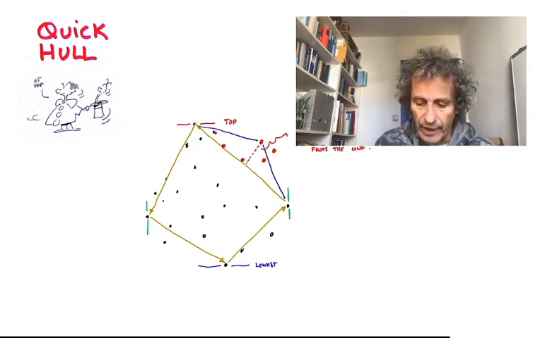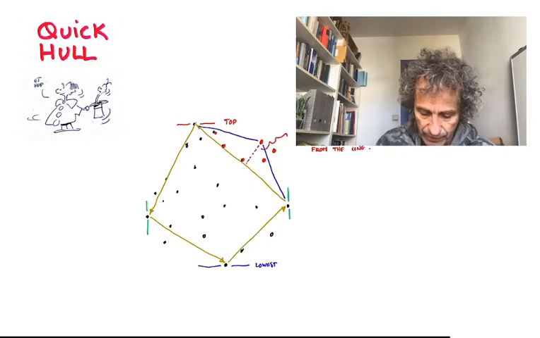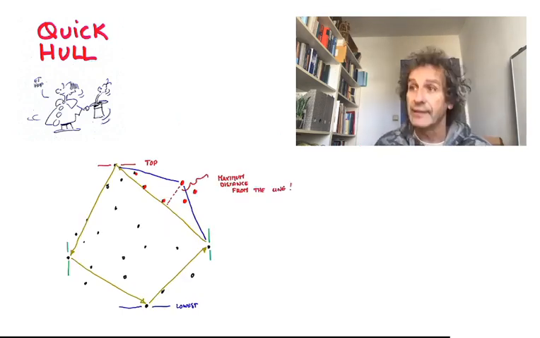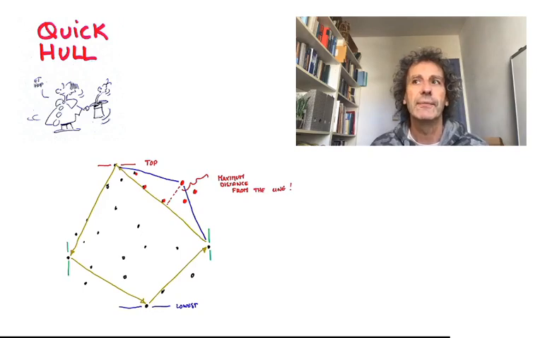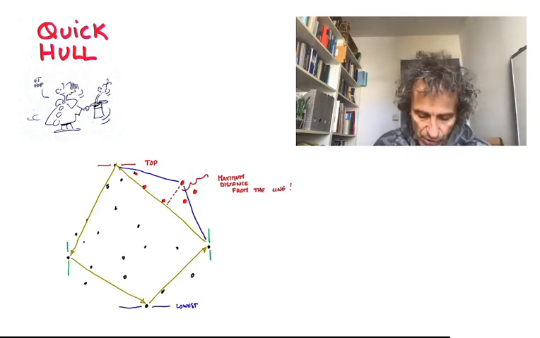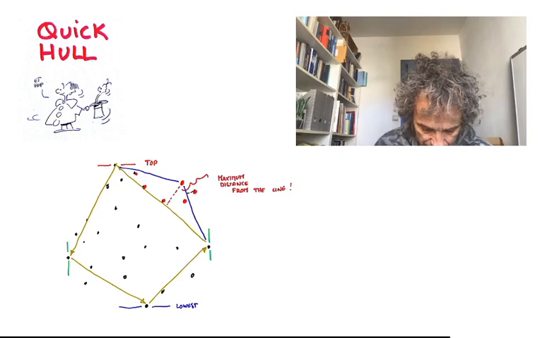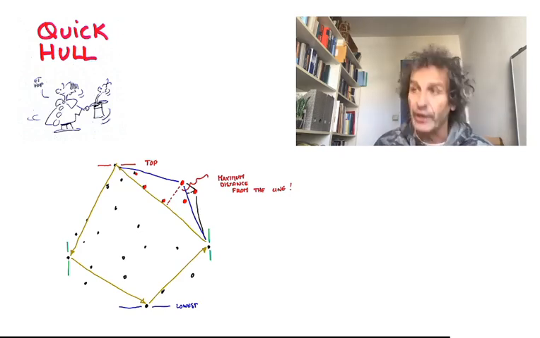Okay, I will move the drawing a little to see better. Now you have only one remaining node here, and you obtain this for each side.